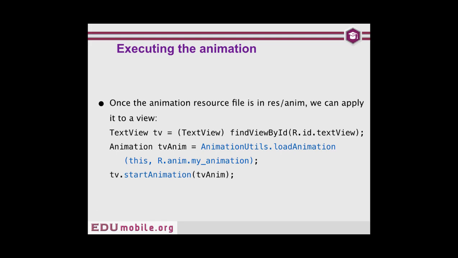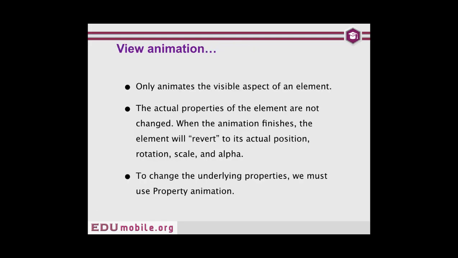Again, view animations only animate the visible aspect of an element, nothing else. They don't animate properties. The actual properties of the element are not changed. So when the animation finishes, if you don't finish at the same place you started, the element will revert instantly to its actual position.